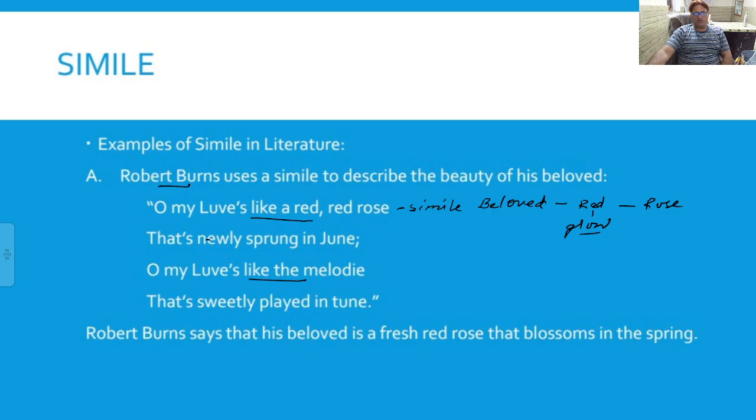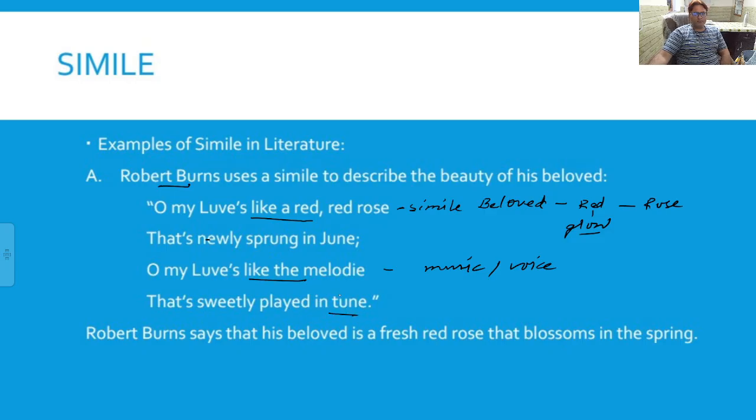So the reddish glow which the poet finds in a red rose, the same kind of beautiful reddish glow the poet also observes in the face of his beloved. And similarly, like the melody, that is music, the voice of the beloved is as melodious as the music or the tune which is played.